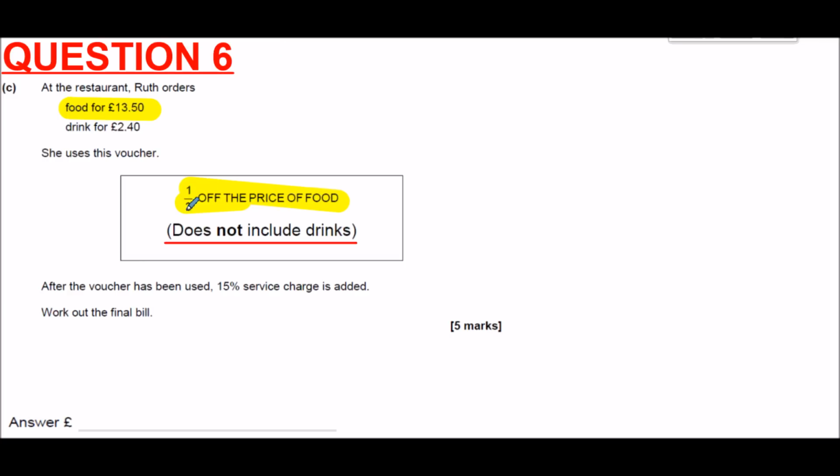And so what we need to work out here is a third of £13.50. A third of £13.50, we can work out by just doing £13.50 divided by 3.